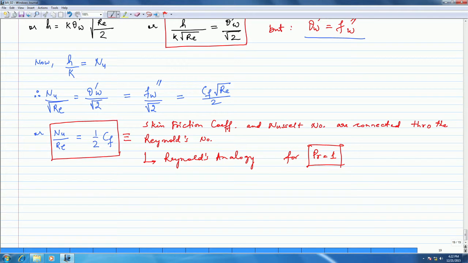Also, before I close, I will just write up these small expressions, and then we will close. Okay, so the Stanton number is essentially dimensionless, the dimensionless heat transfer coefficient.